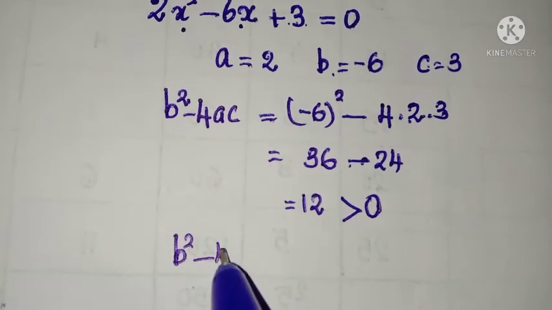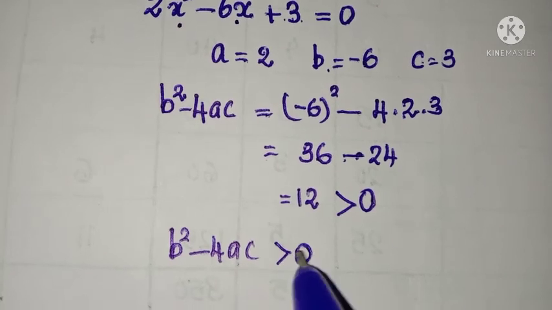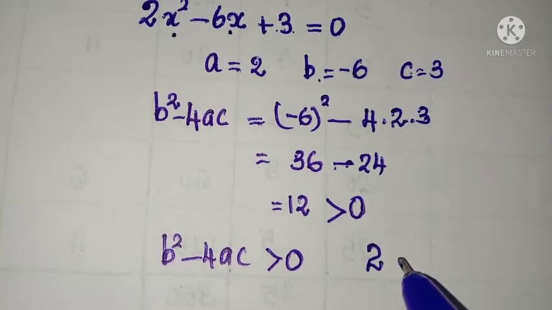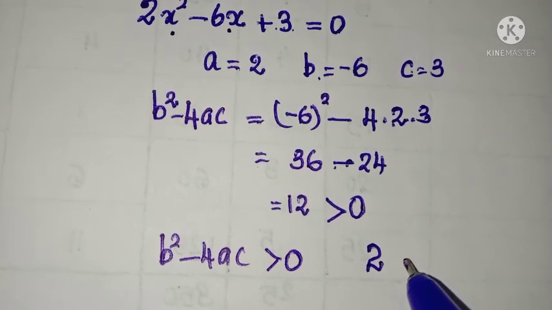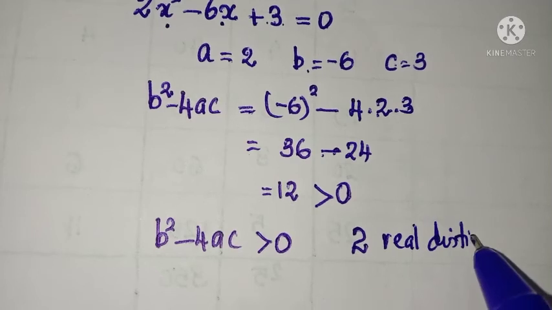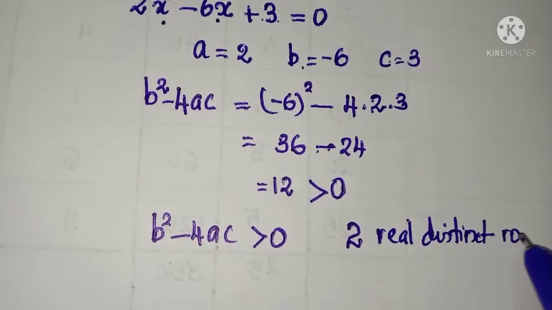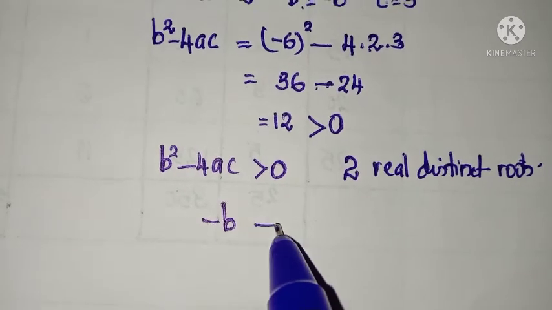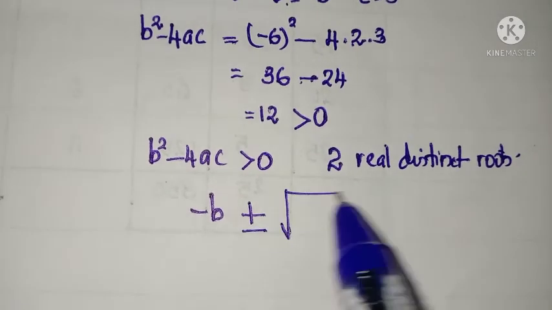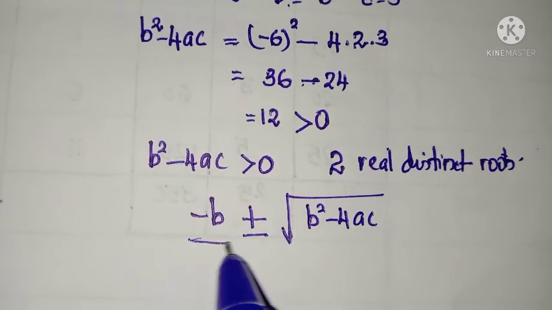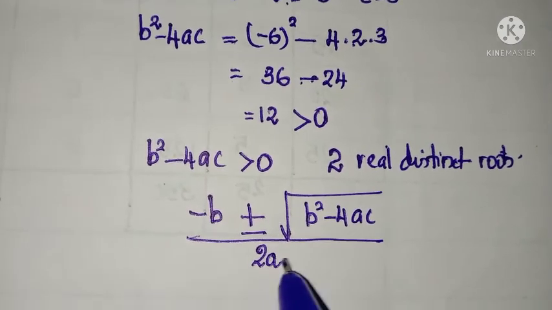So b square minus 4ac greater than 0 means there are exactly two roots, and the two roots are real and distinct. Two real distinct roots, and these roots are obtained by using the quadratic formula: minus b plus or minus root of b square minus 4ac, whole divided by 2a.